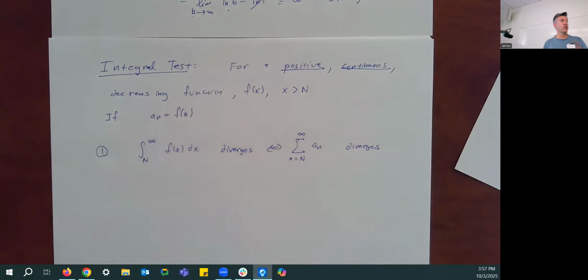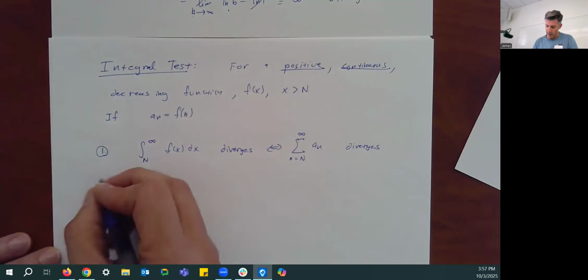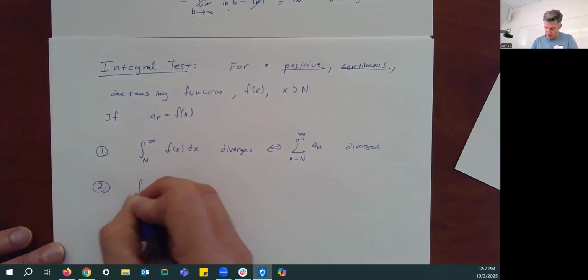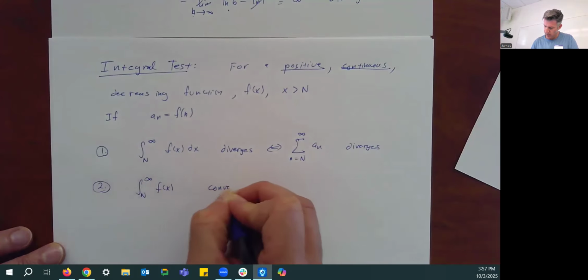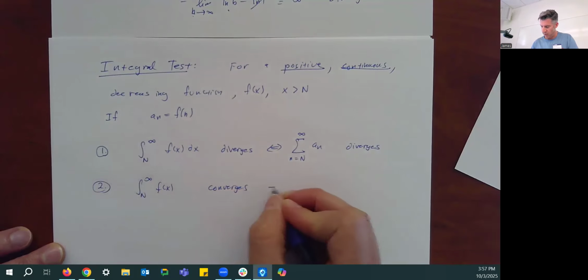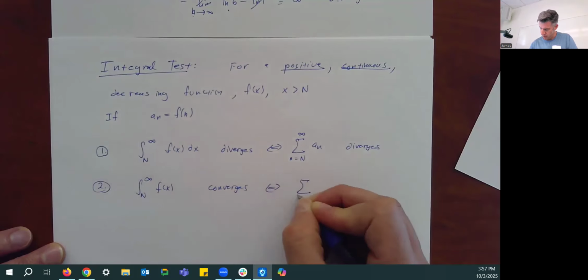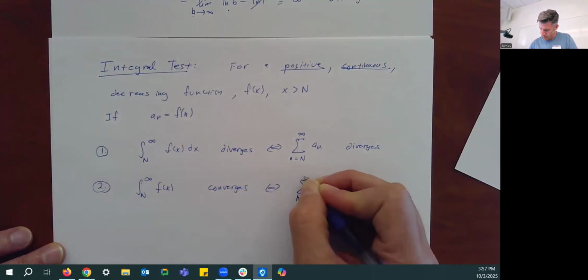So it's actually a true back and forth. If the series diverges, the integral diverges, and vice versa. If the integral diverges, the series has to diverge. And similarly, the integral from N to infinity of f of x converges if and only if the series converges.